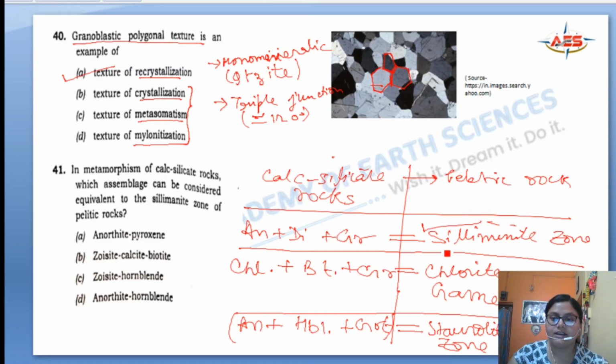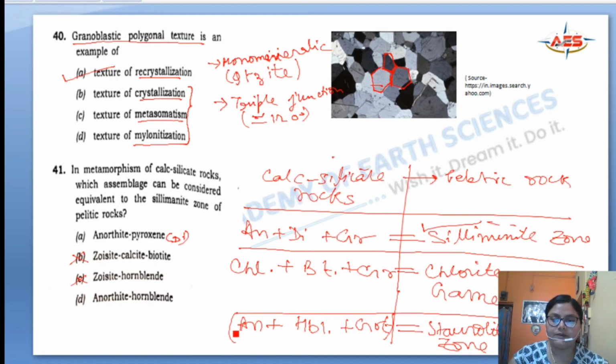Here we can see that the sillimanite zone of pelitic rock is equivalent to the anorthite, diopside, garnet mineral assemblage of the calc-silicate rock. The options are anorthite, pyroxene, where pyroxene means diopside; joacite, calcite, biotite; joacite, hornblende; anorthite, hornblende. So joacite, calcite, biotite or joacite, hornblende, we cannot find these assemblages in the given series, so these options will not be correct.